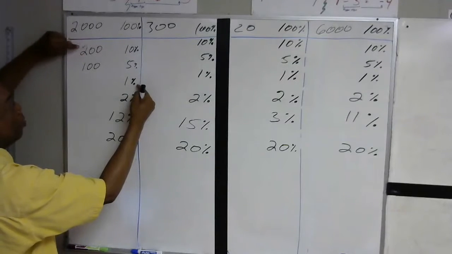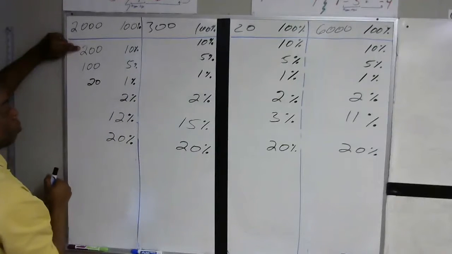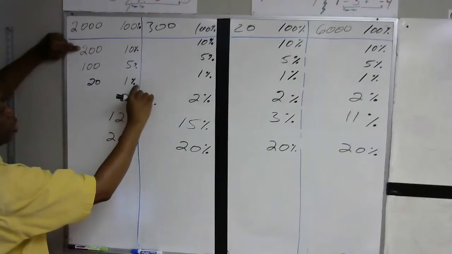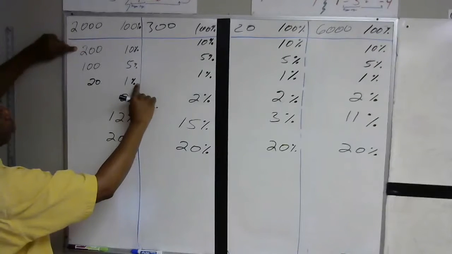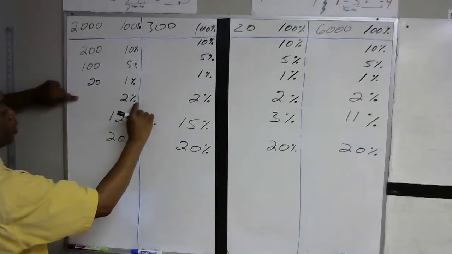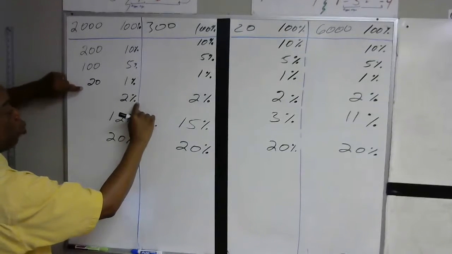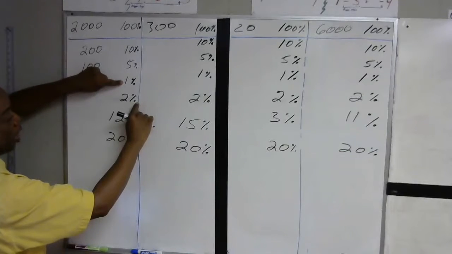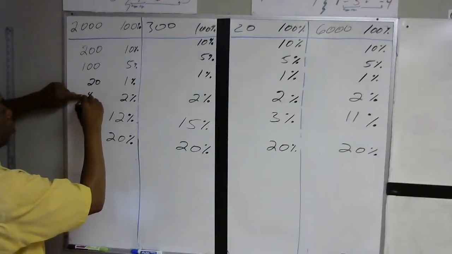So 200 divided by 10 gives us 20. To find the 2%, we go to the 1% and double it, because 1 times 2 is 2, so 20 times 2 is 40.